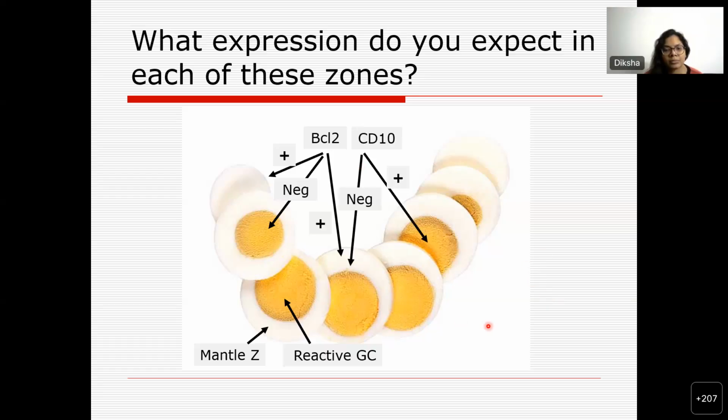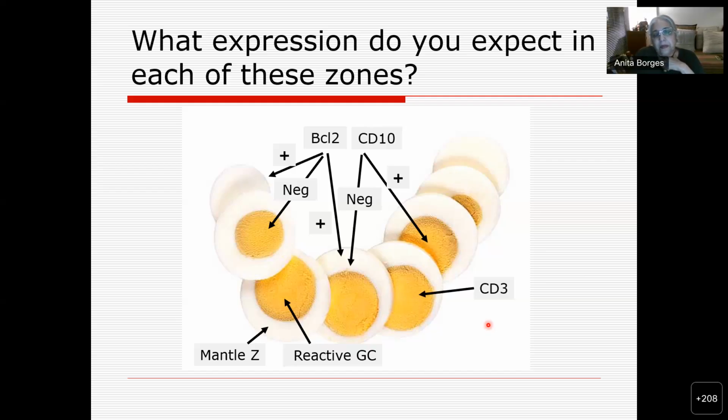What about the next thing? CD3. What should it be over here? Negative. Is that answer absolutely correct? Somebody has written occasional and sprinkle as well. Very good. That is the answer to that question. It is positive in the follicular helper T cells.